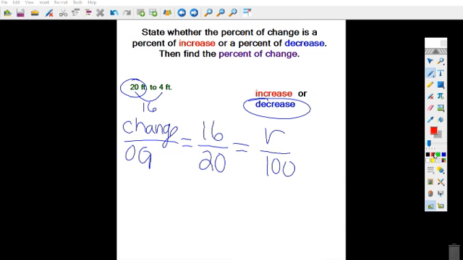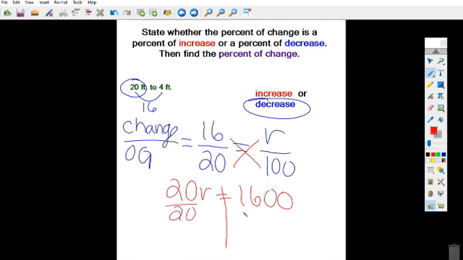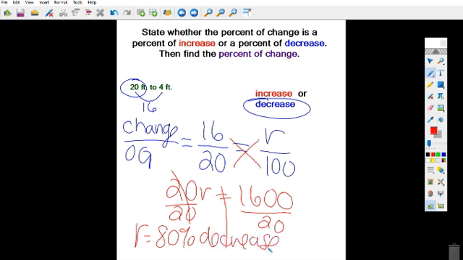We cross multiply. 20 times r. 20r equals 16 times 100. 1600. Solve for r. Divide by 20. Sorry, on this one, you should get r equals 80% decrease. An 80% decrease because we decreased to begin with.